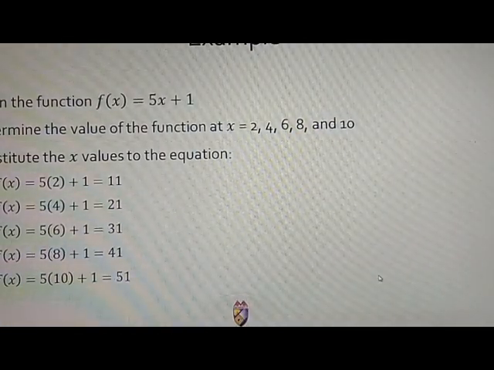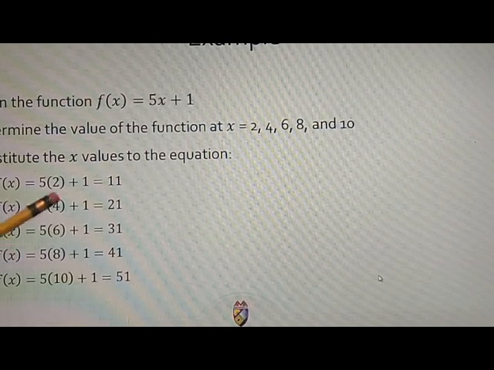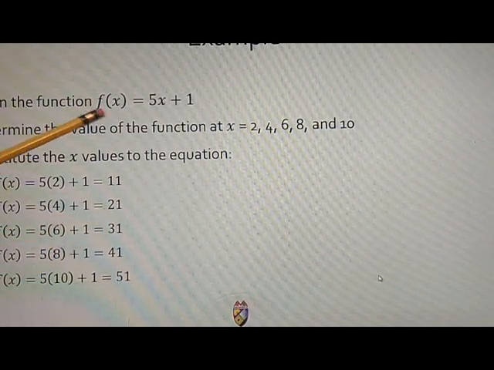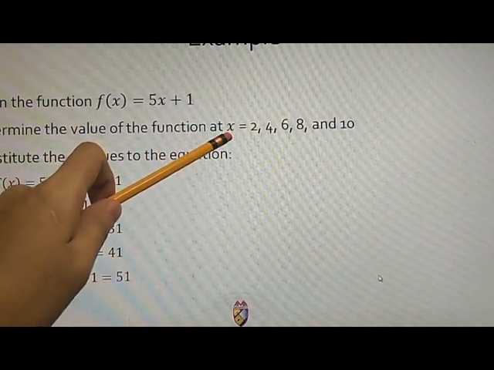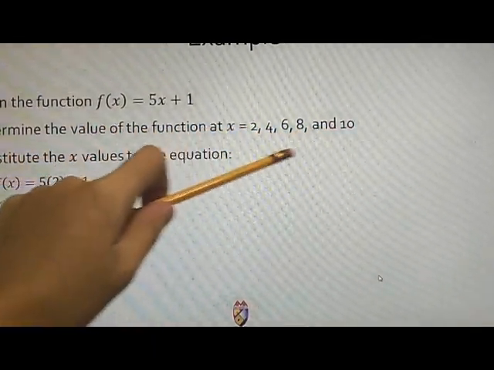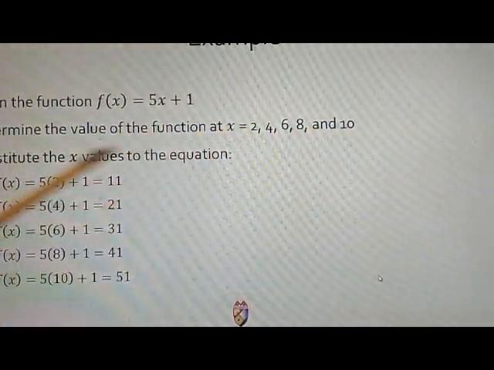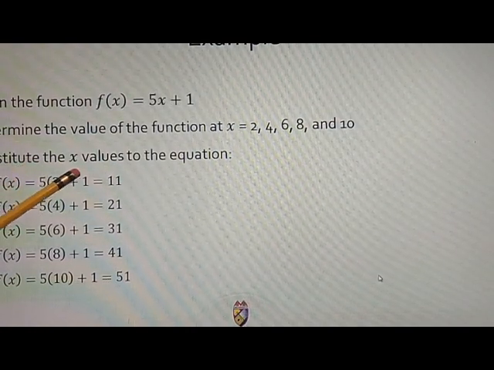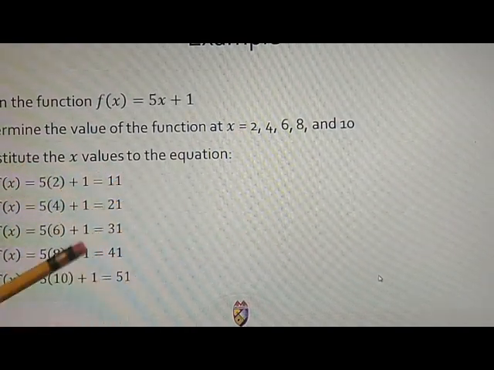In order for you to be able to find the value of the function, you have to substitute the value of x by this given data or inputs. So, ito yung input natin. Substitute the x values to the equation.